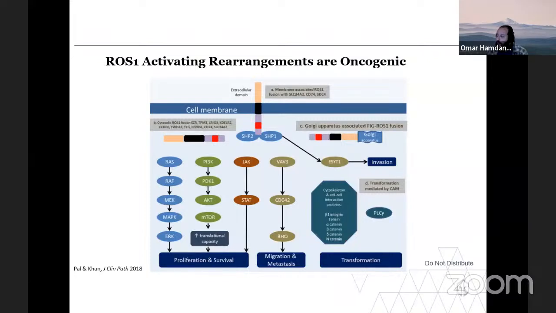And one important thing about ROS1, as well as ALK, NTRK, any of these other receptor tyrosine kinases that are prone to fusions in some frequency, is that if you have a fusion that results in the kinase domain being fused to an active promoter, it basically creates a ROS1 fusion protein that's free inside intracellularly and able to activate all of its targets. At least predicted to be able to activate all of its targets.